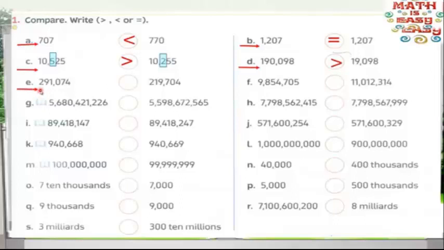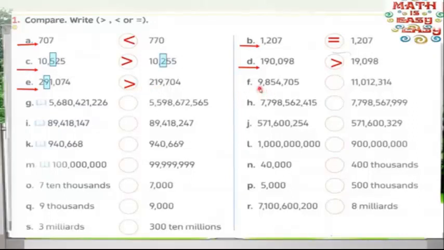Next number, here we have 2 in hundred thousands, 291, and here we have 219. 9 in the 10,000s place, and here we have 1 in the 10,000s place. So the first number is bigger than, or more than, the second number.